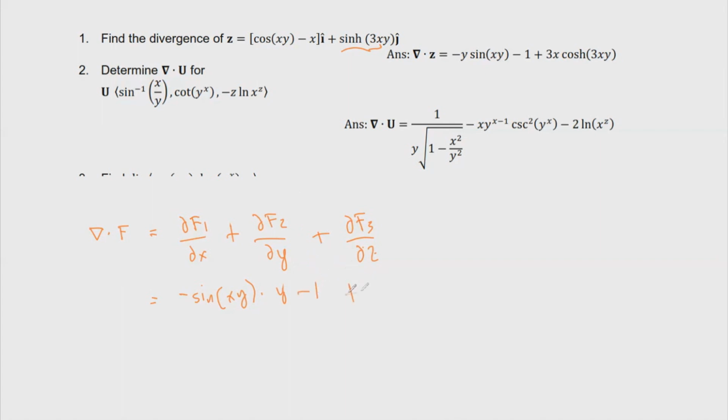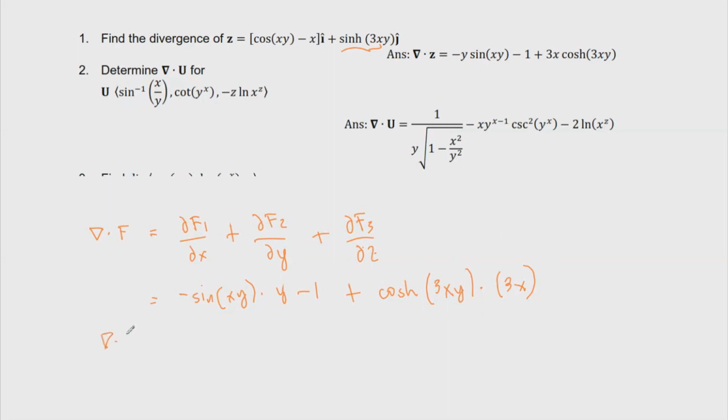And then we add, so this is for the first term, and remember we don't add the i hat because this is a scalar answer, a scalar quantity. The derivative of sinh of 3xy with respect to y is actually equal to cosh of 3xy times 3x. And of course we don't have to add j because this is a scalar quantity.